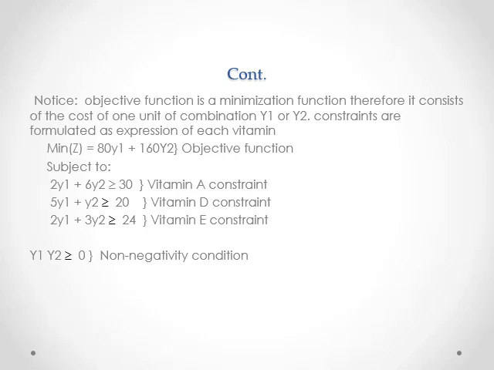The second constraint stands for vitamin D. The amount of vitamin D in y1 is 5 units. The amount of vitamin D for y2 equals 1. The total available quantity is 20.